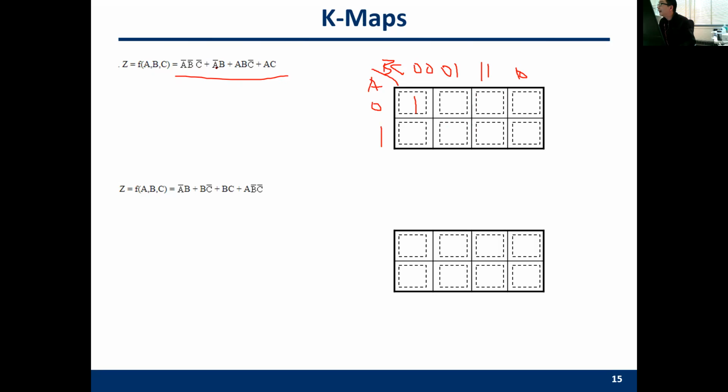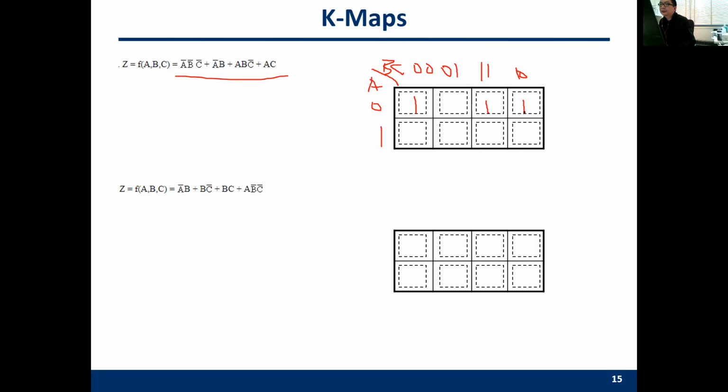For this one, A bar, so A should be 0. B should be 1. So these 2 columns indicate B is 1. So A is 0, B is 1.